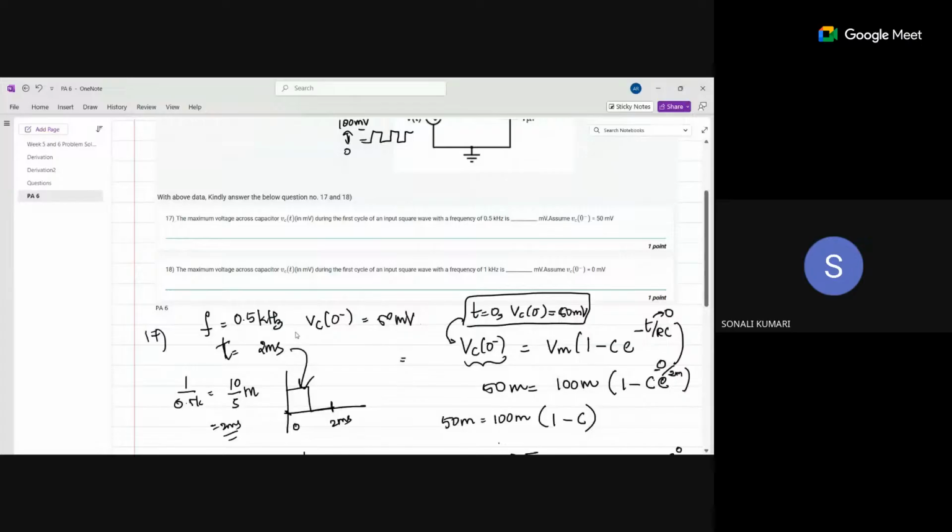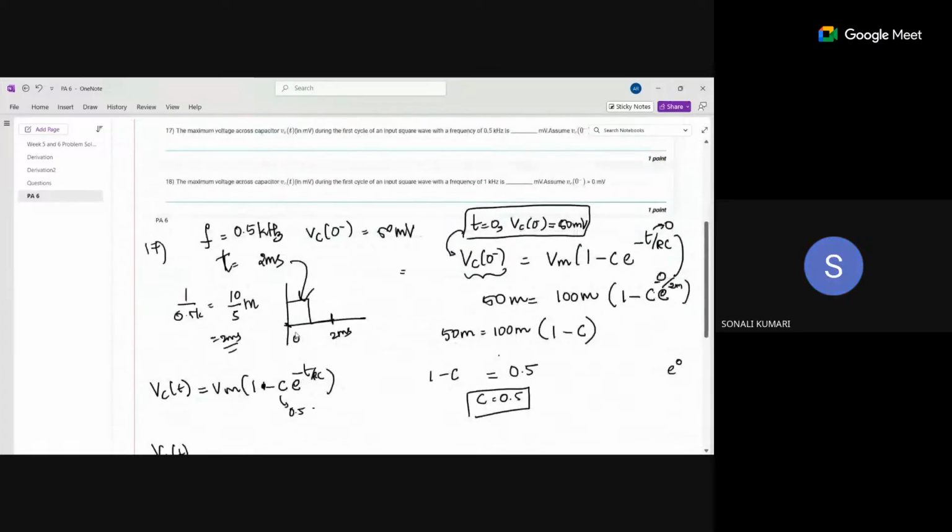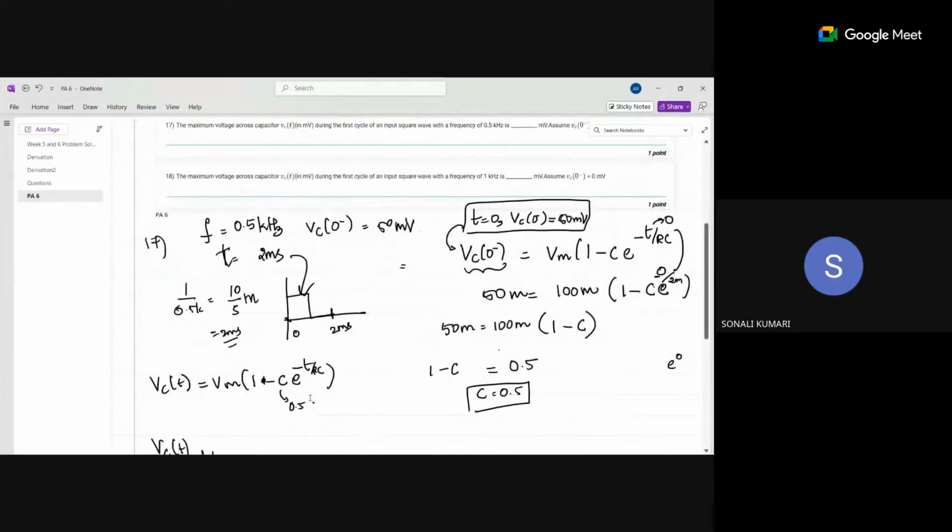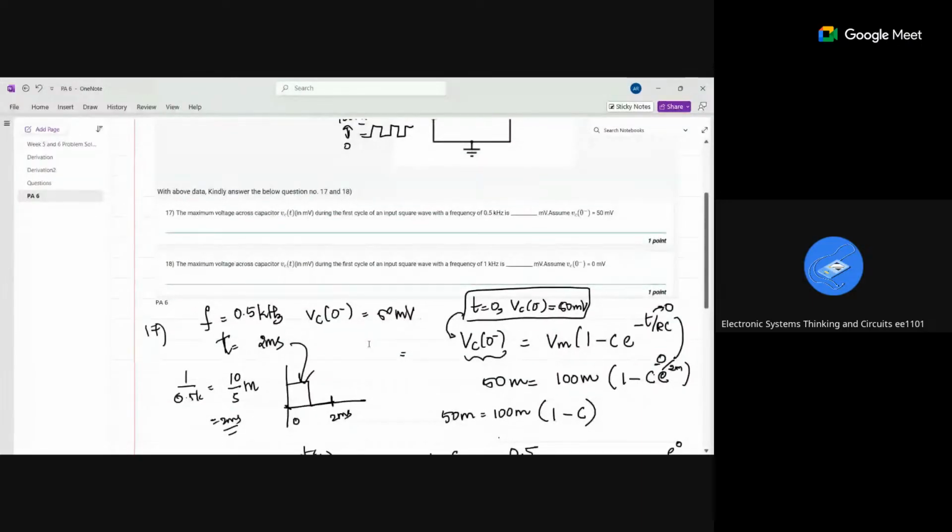For finding the value of C, we always have to do t is equal to 0, and then whatever value we get for C, we put it in the formula. We want to find the maximum voltage across the capacitor.